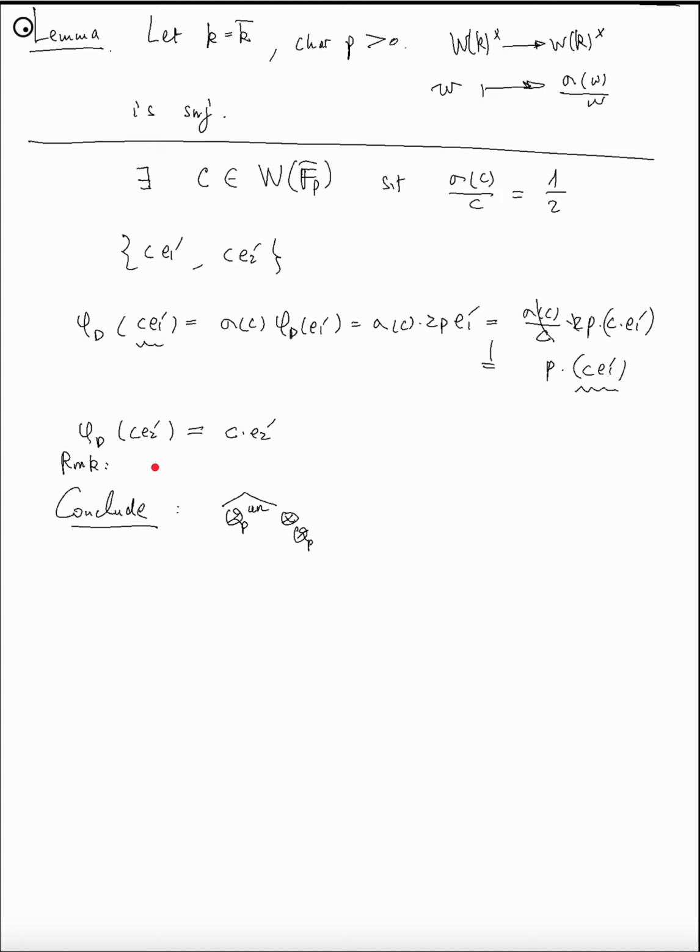Actually, W(F_p bar) over p, this is the Q_p unramified completion.